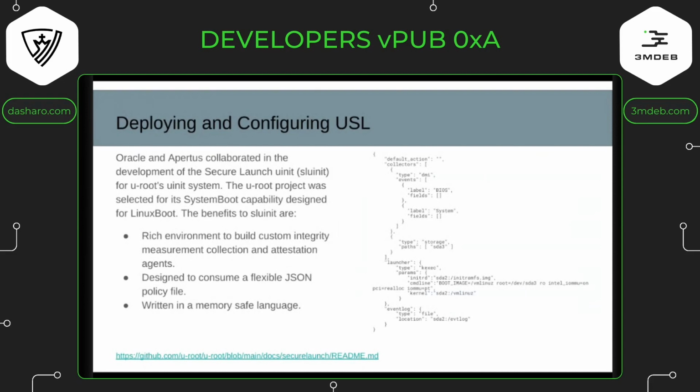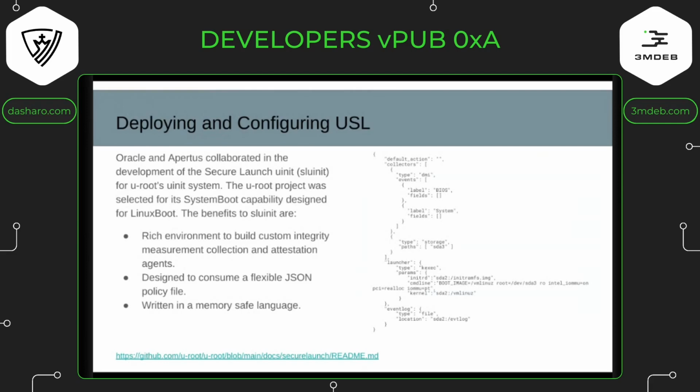Like I said, we use the uroot capability, which has the SL init capability that we upstreamed to uroot. That looks at all possible drives available, and then it will look for a policy file, or you can tell it where to look for it via a kernel command line parameter.